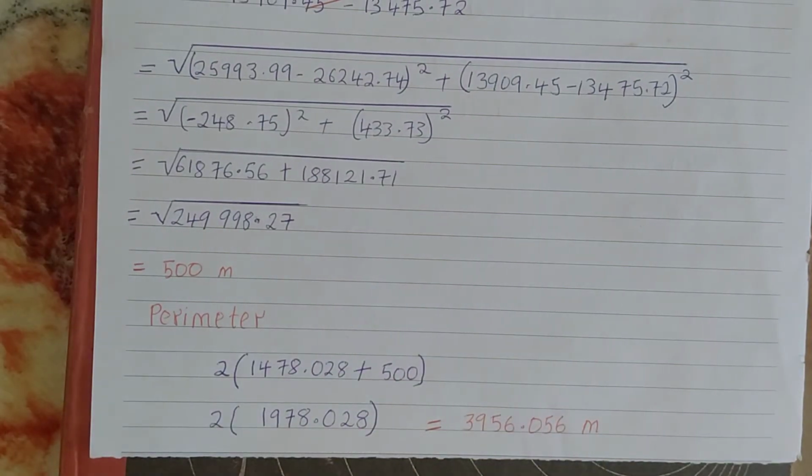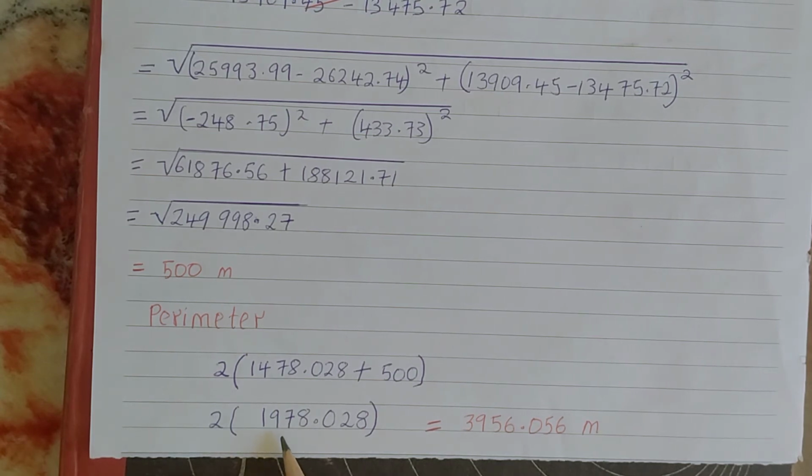So perimeter is the distance all round. So I've taken 2 times 1478.028 plus 500. Because they were on both sides, when I added the figures in the bracket, I got 1978.028, times 2, and then I get the perimeter as 3956.56 meters.